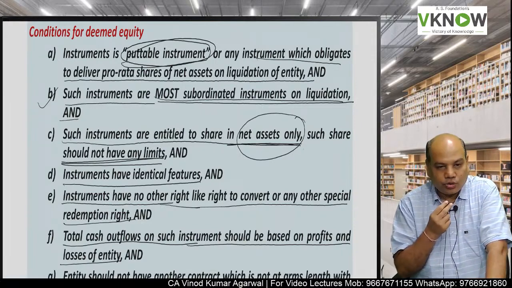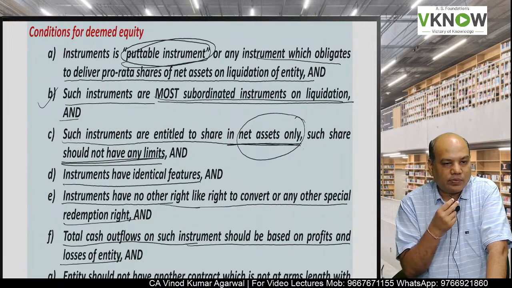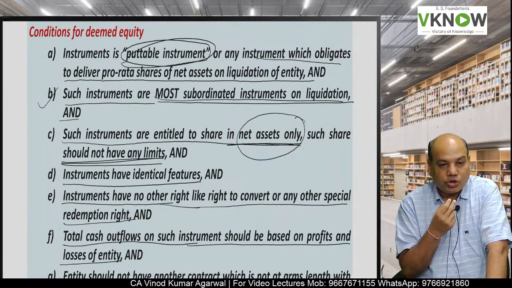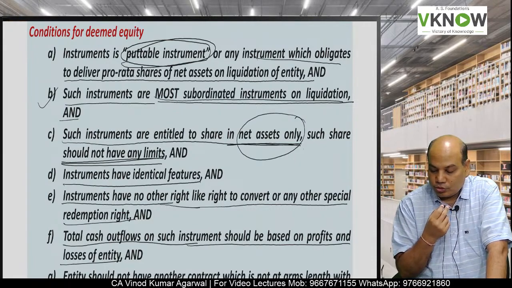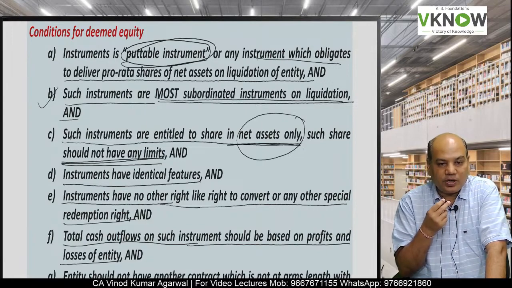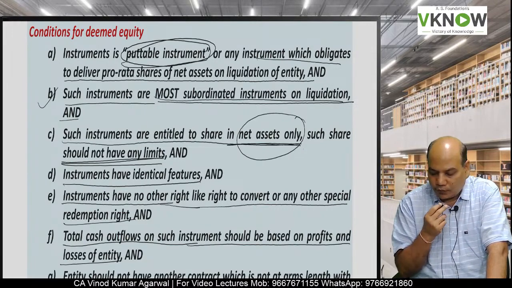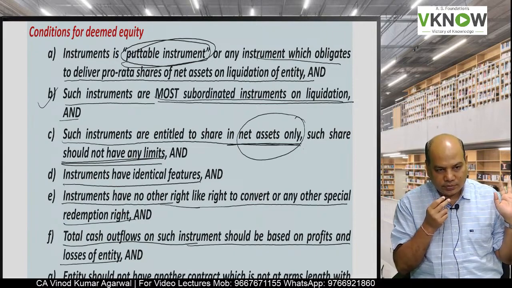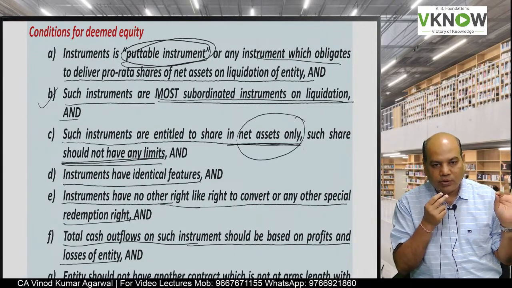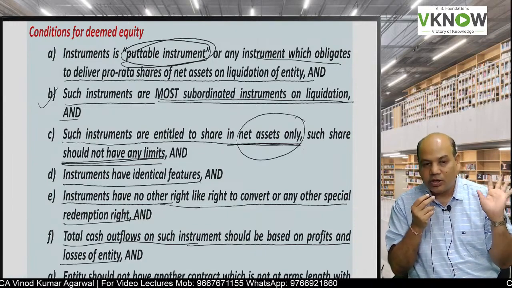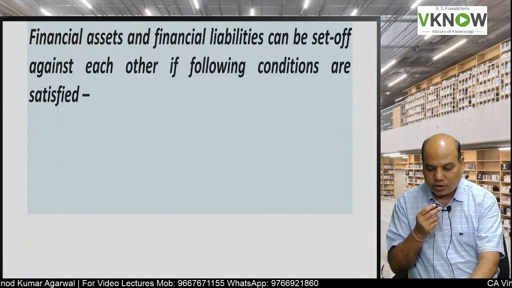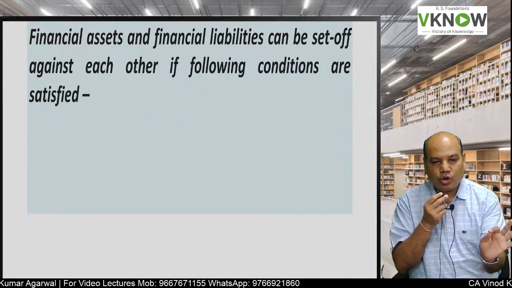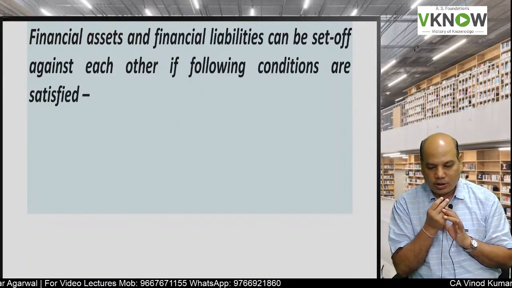That means there should not be any other contract with the same holder which is not at arm's length, so that no benefit is transferred in any other form. If these conditions are present, then the instrument will be treated as deemed equity and accounted as an equity instrument, not as a debt instrument.